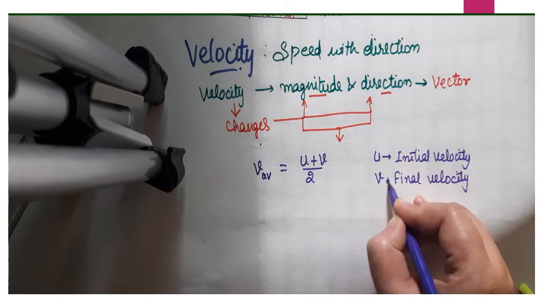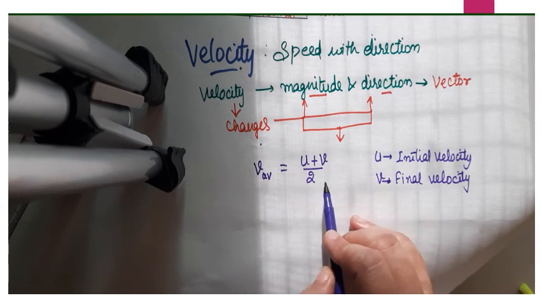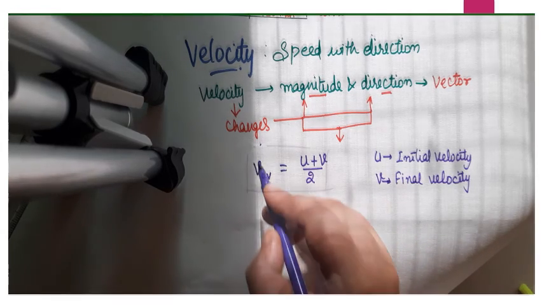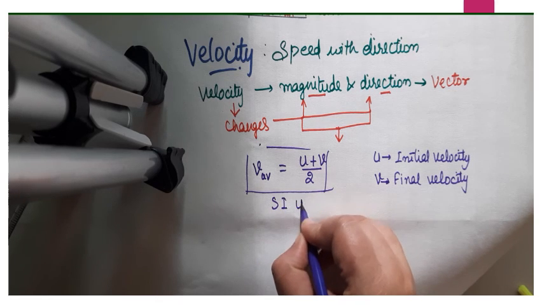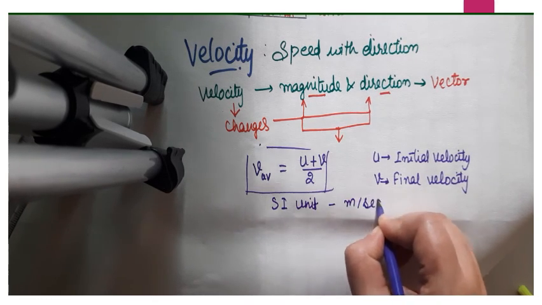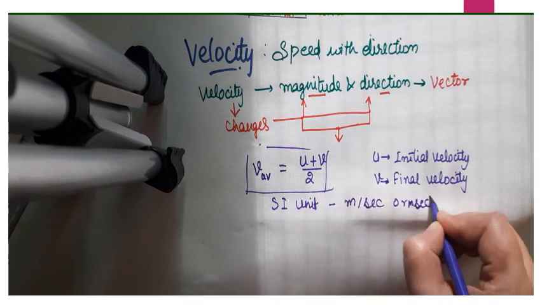So the average velocity is given by u plus v by 2, that is the mean of initial and final velocity. The SI unit of velocity is same as that of speed, that is meter per second or meter second inverse.